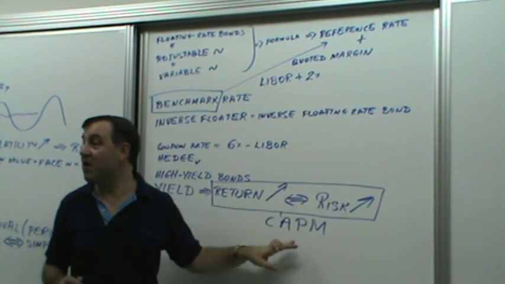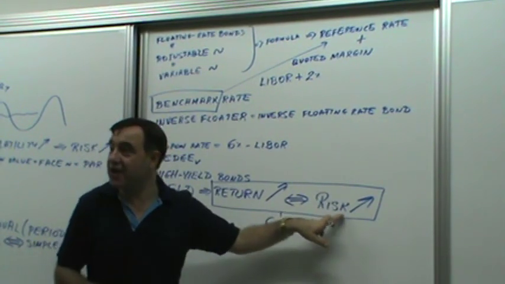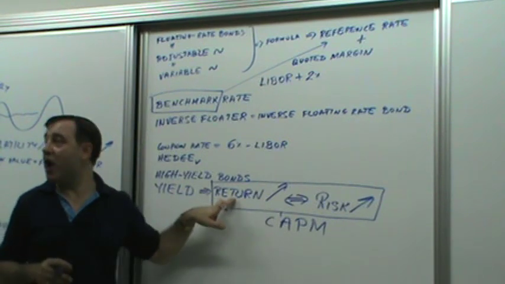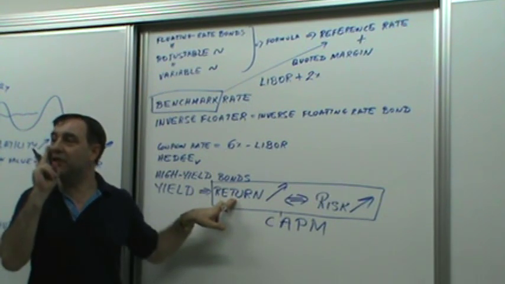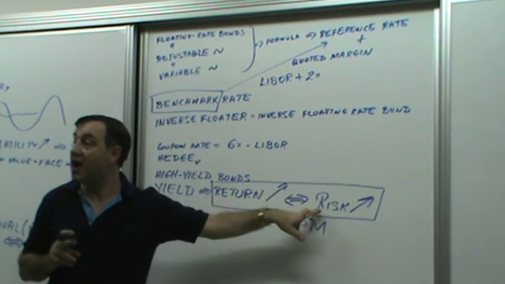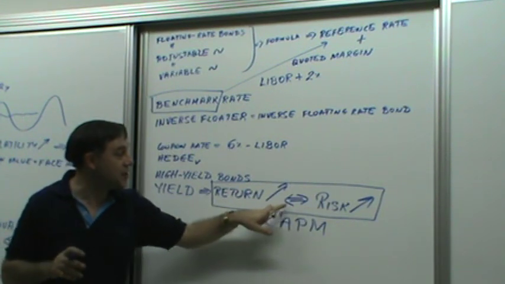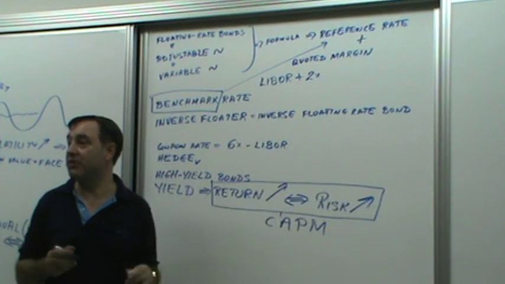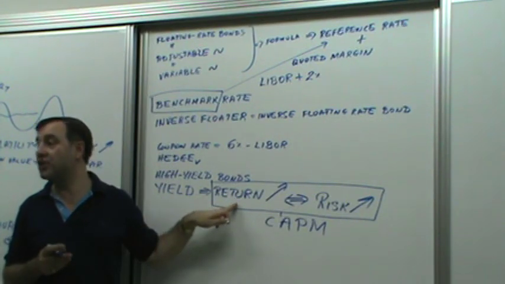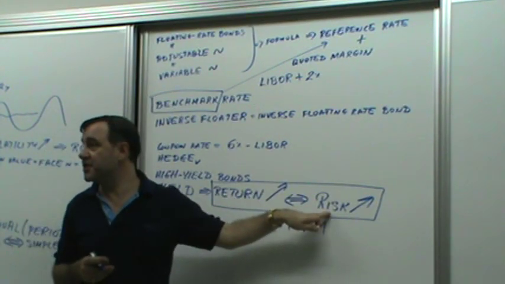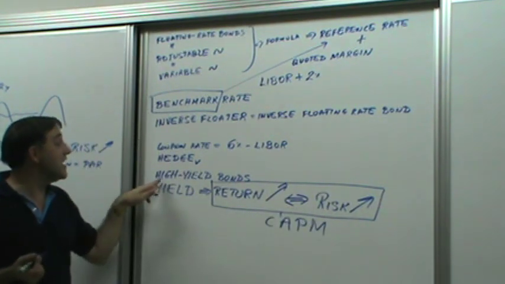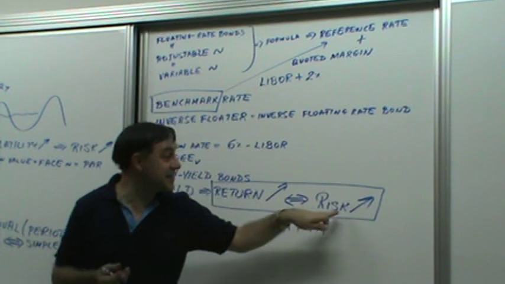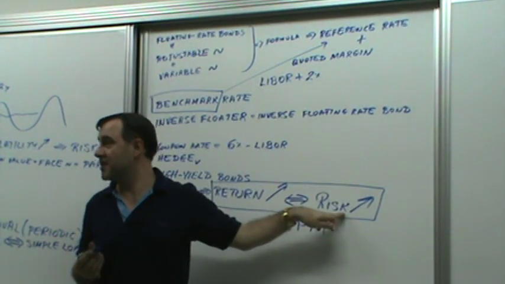The capital asset pricing model says that higher risk requires higher return, and the only way to get higher return is through higher risk. That's why you got the arrows in both directions. You can't get higher return unless you increase the risk. Okay? It's that simple. So basically, high yield bonds are the same as high risk bonds.